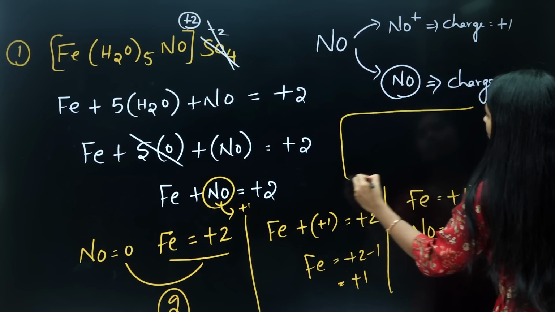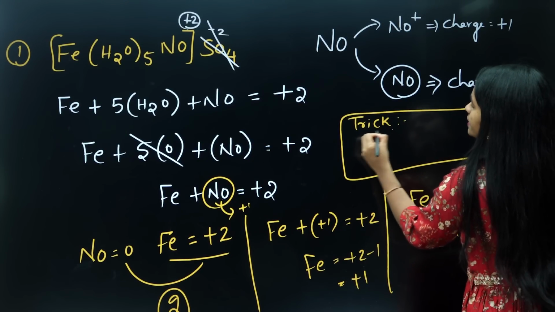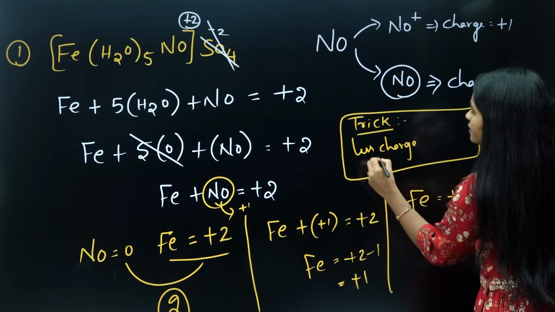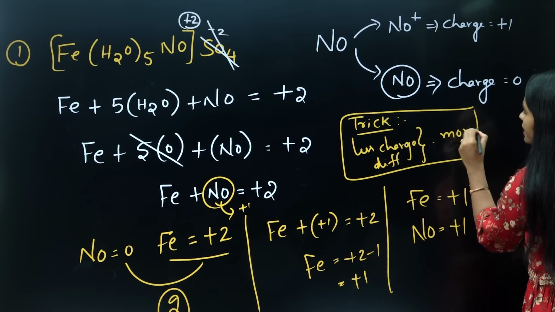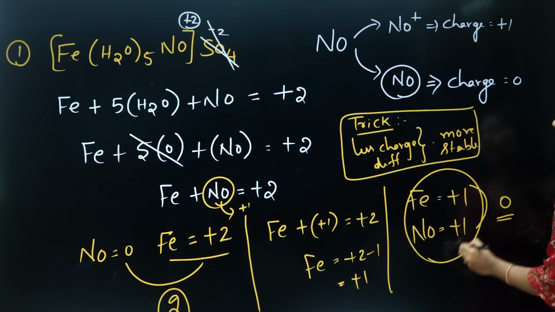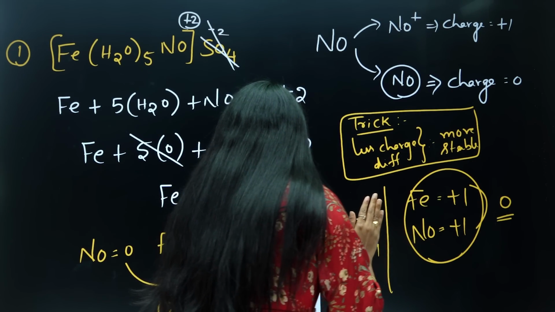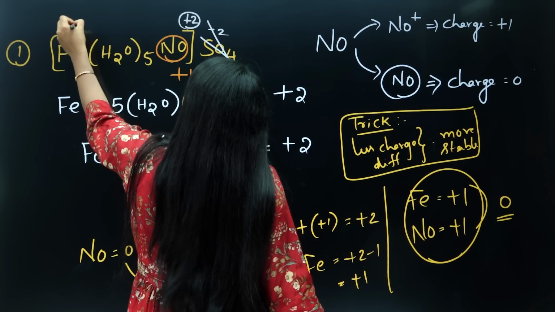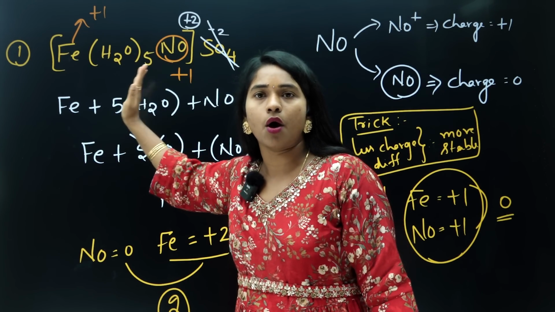Here the trick is: less charge difference, then it will be more stable. So in these two, the one with less charge difference is the stable one. This complex is called the Brown ring complex. In the Brown ring complex, the oxidation state of NO is +1, and most important, the Fe oxidation state is +1.